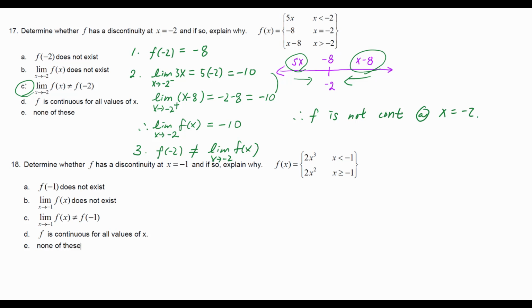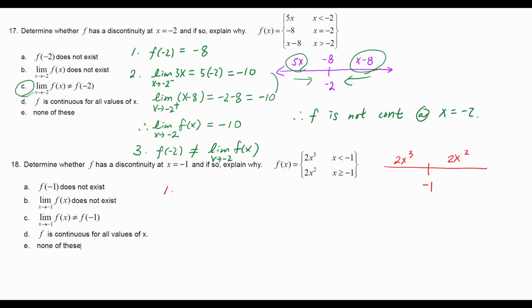Number 18. Determine whether f has a discontinuity at x equals -1, and if so, explain why. So this is two pieces. When x is less than -1, the function is 2x to the third power. When it is greater than -1, it is 2x squared.